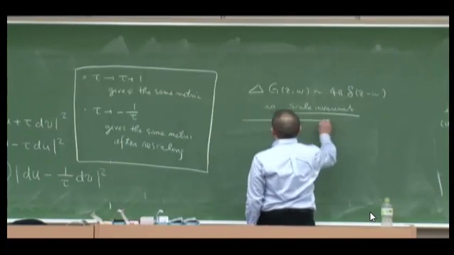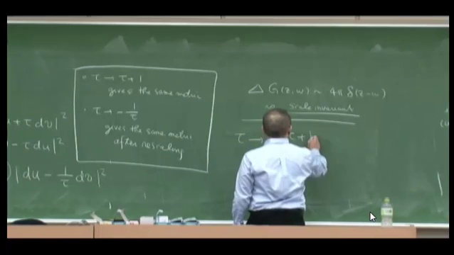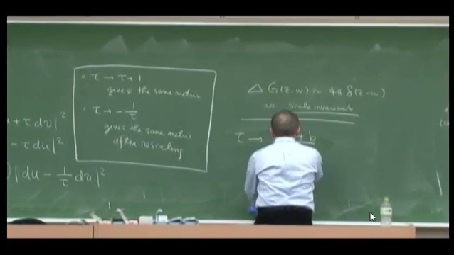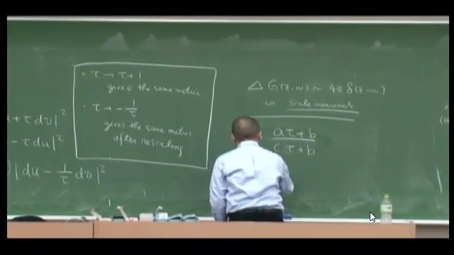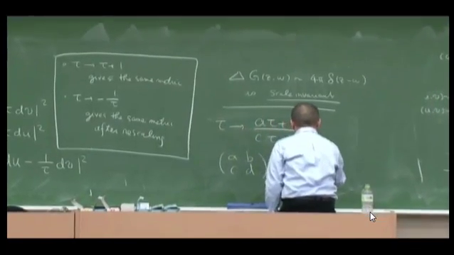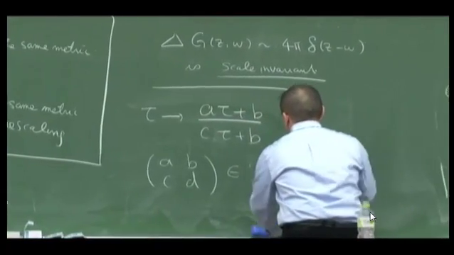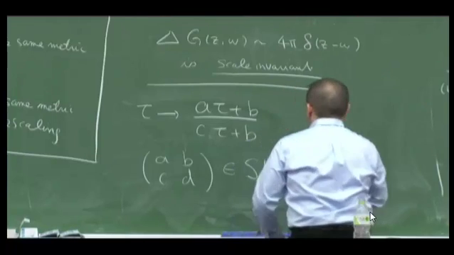So the most general transformation is of this form, where the matrix A, B, C, D belongs to SL(2, Z).